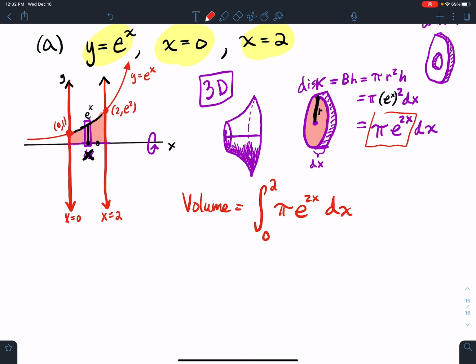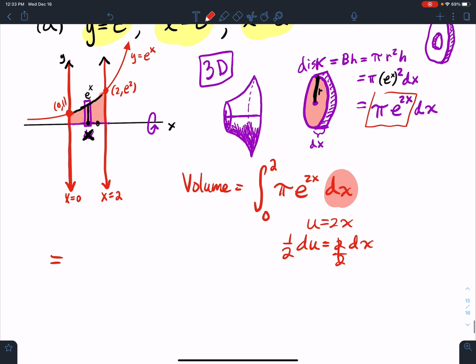So whenever I integrate this, what do I get? Well, I'm going to use a u substitution. I'm going to say u equals 2x, du equals 2 dx. I only see a dx, so I need to get rid of that 2, so I'm going to divide both sides by 2. So this is going to be 1/2 integral.